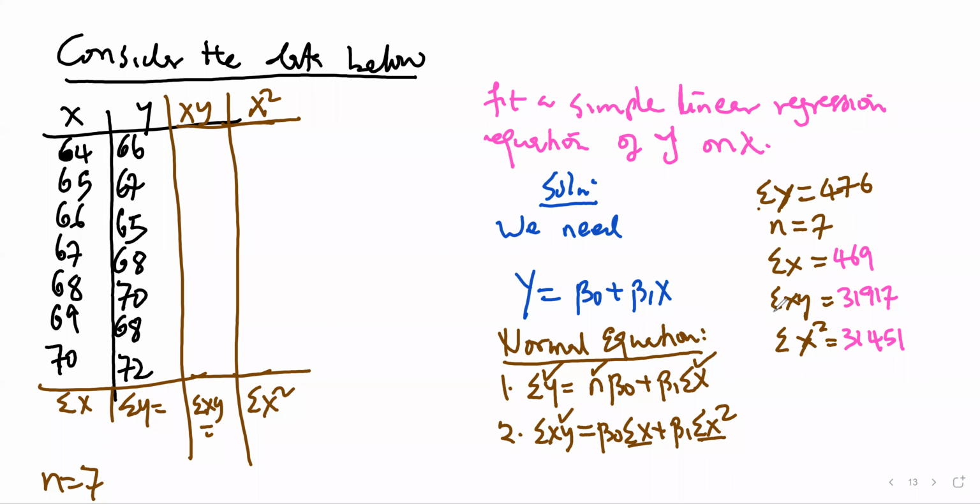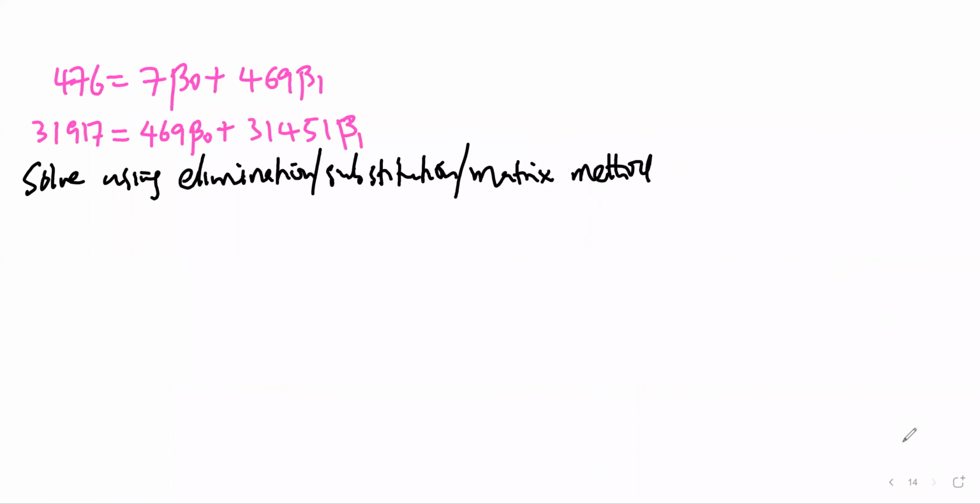After obtaining the values of the different summations, these are the values we have. You can quickly get them from your calculators, or you can do them manually by completing this table. Then you plug them in and you form such equations.